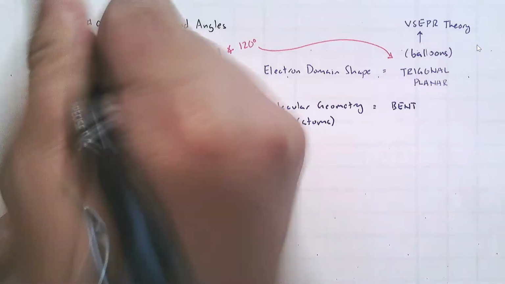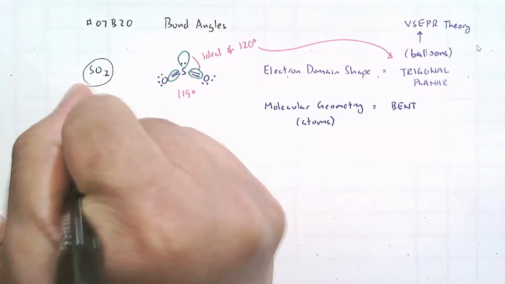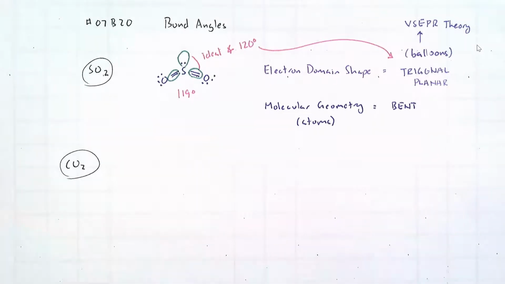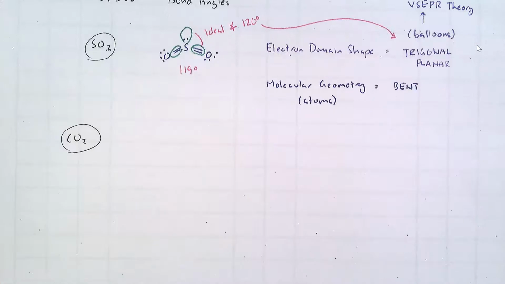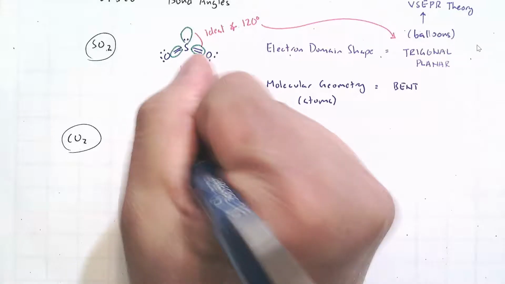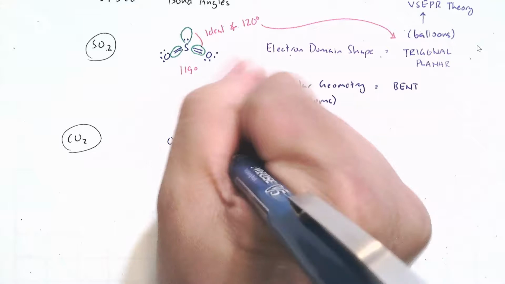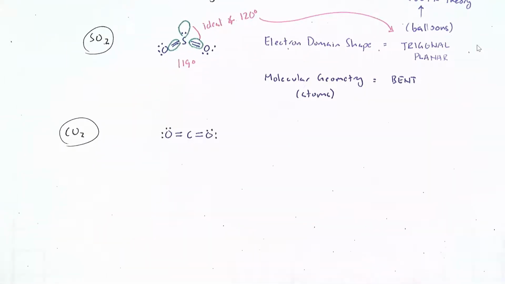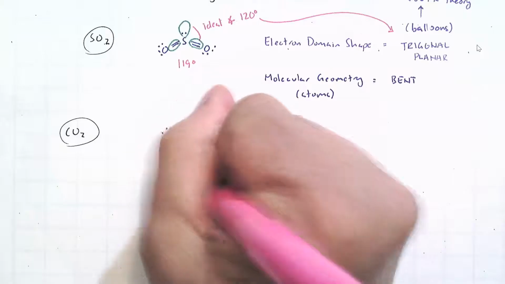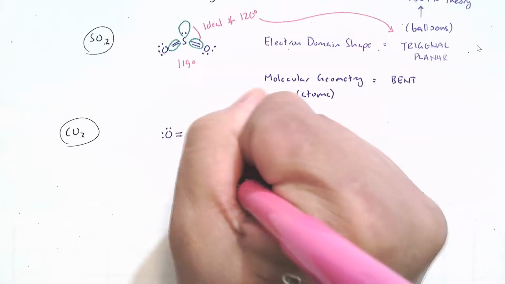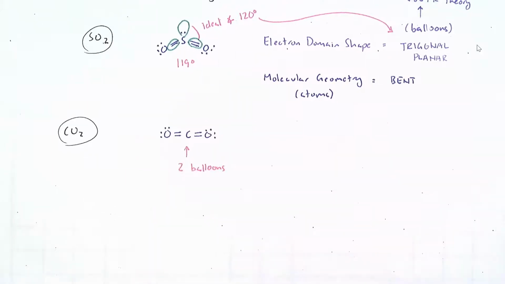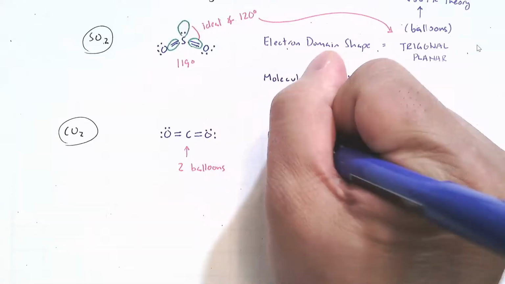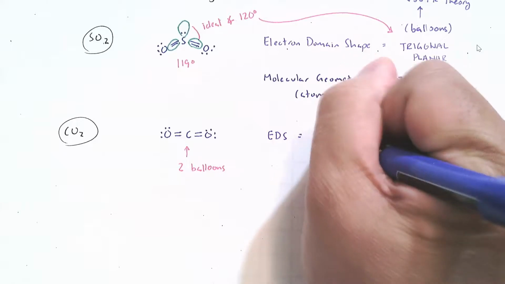So the idea is, on an exam, maybe you're given a molecular formula, and you've got to figure out the Lewis structure. Make sure if they ask for a Lewis structure, you show all the lone pairs. Understand that this carbon has two balloons. And when you hold two balloons from the tips, you're going to get an electron domain shape, we'll just abbreviate it EDS, equal to linear.